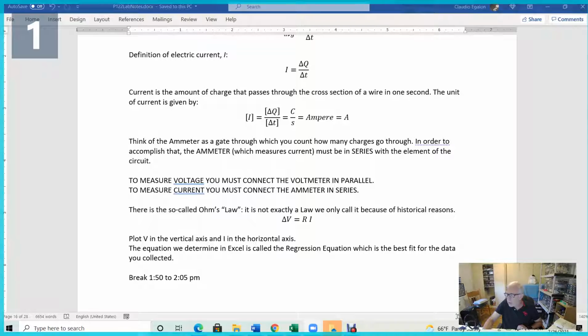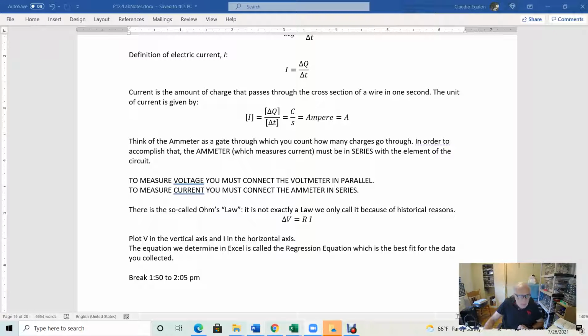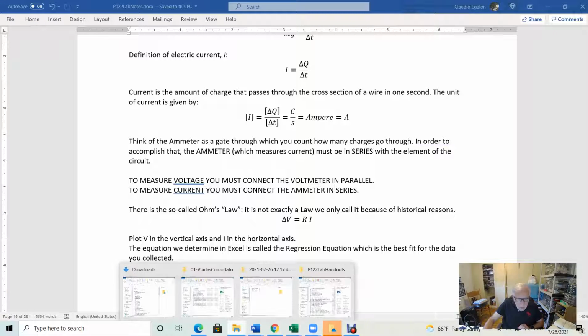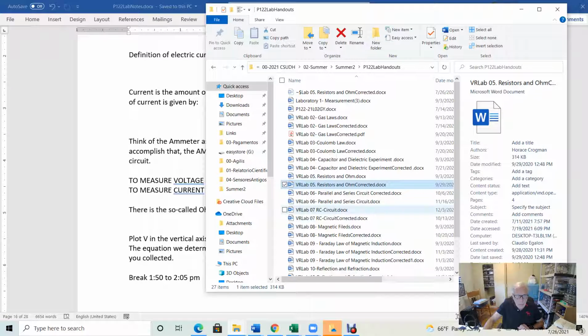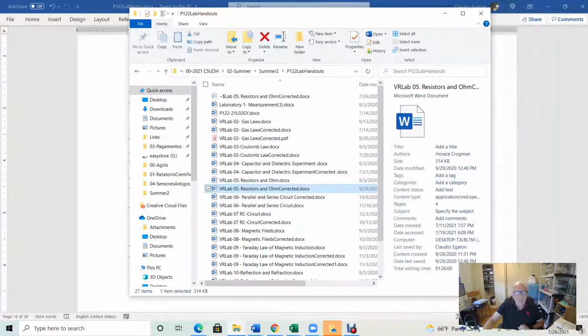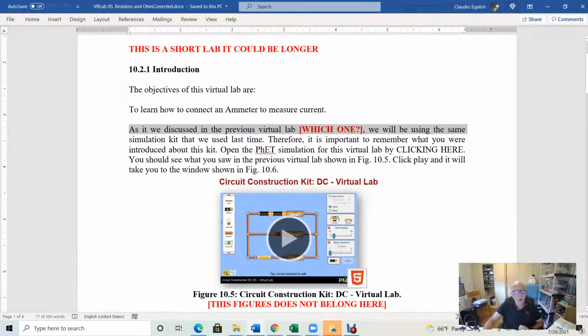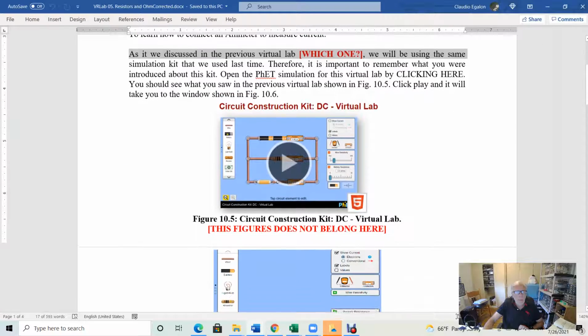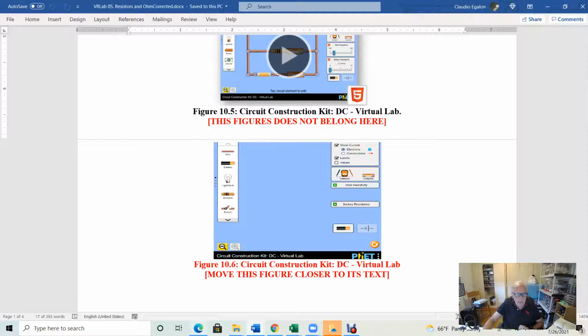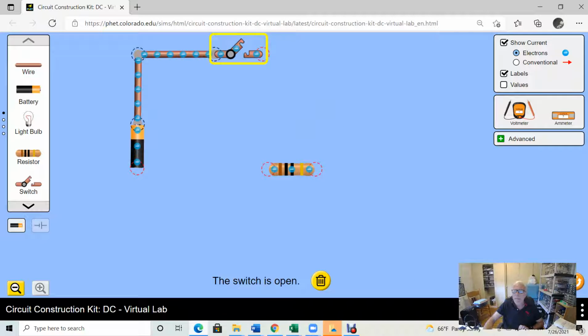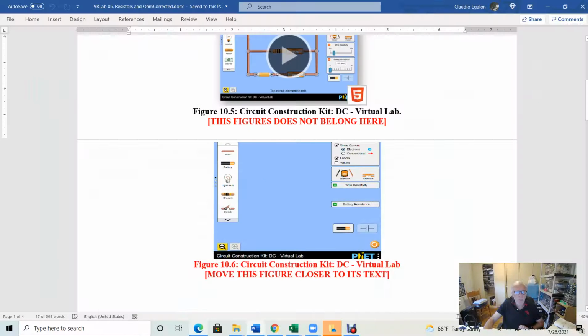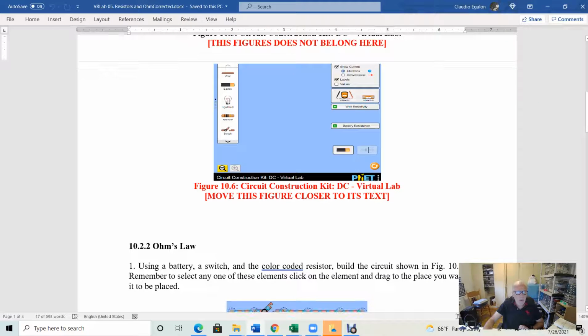So let's start sharing here the screen and let's go to the handouts. There's resistors and Ohm's law, right? So we have here the simulation. Let's see how he wants us to do.